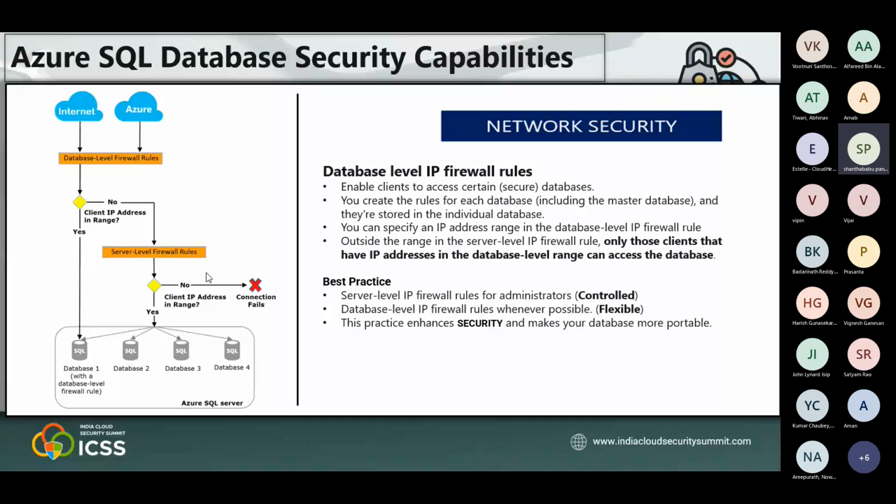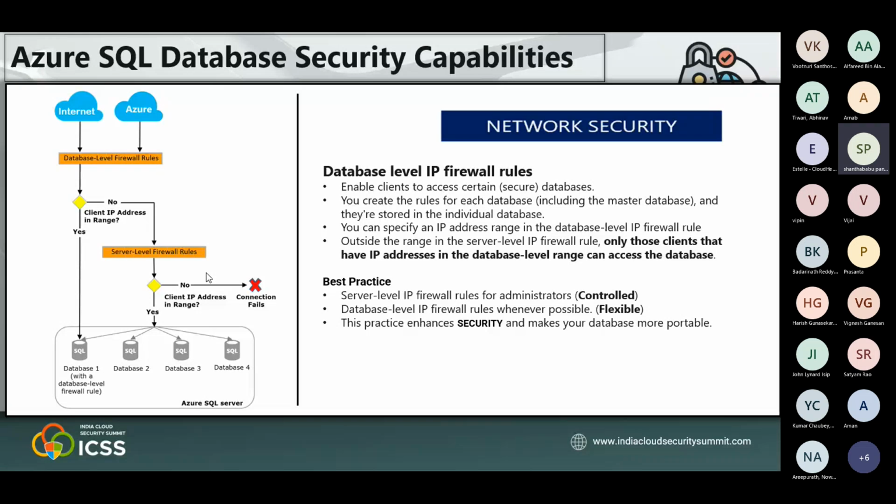I can have at least a project level or product level access, so it needs to be configured as a database level IP firewall rule. You can create rules for each database, and you can specify the same way, like in my team I have a 10-member team. All the people pointing to one database have to get the IP level access and they can use that, right?